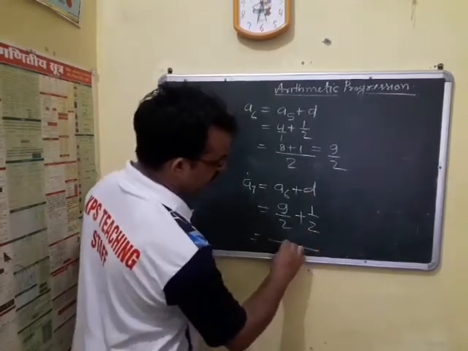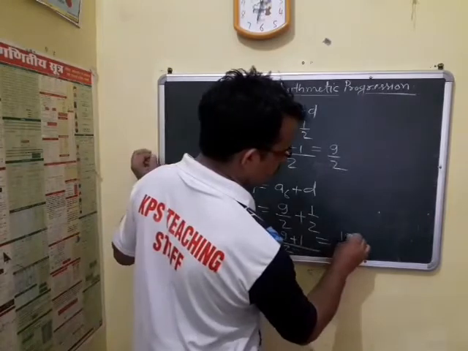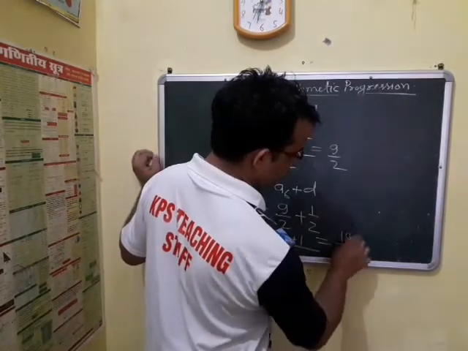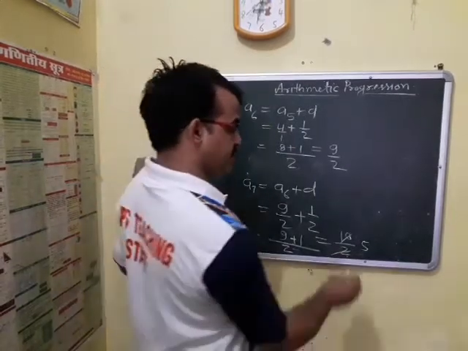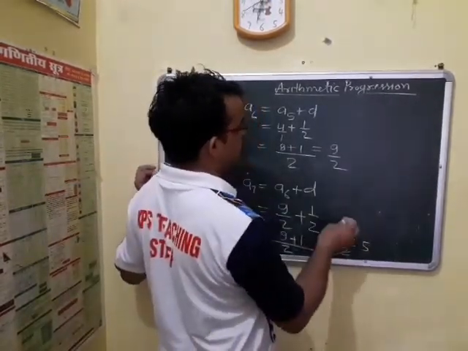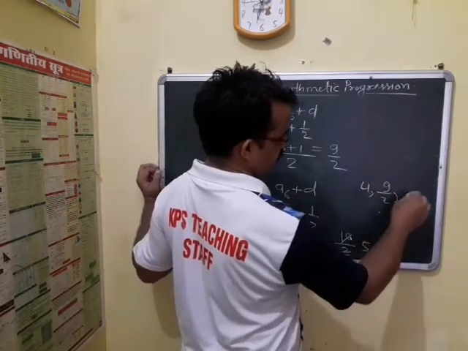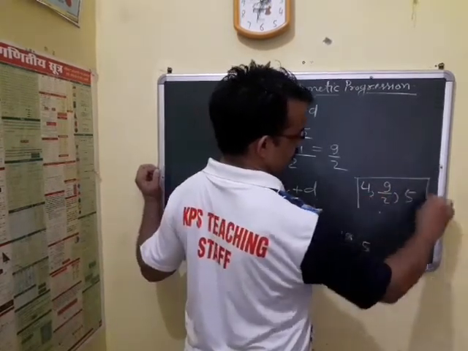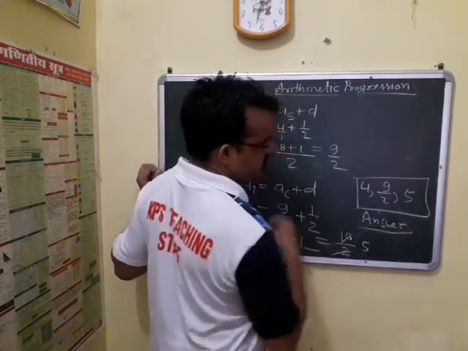The denominator is the same: 9 plus 1 is 10, 10 by 2, so we get 5. So the three more terms of this AP are 4, 9 by 2 and 5. That is your answer. Clear?